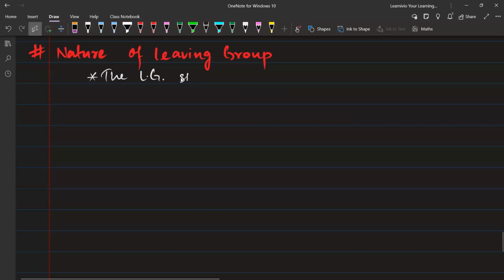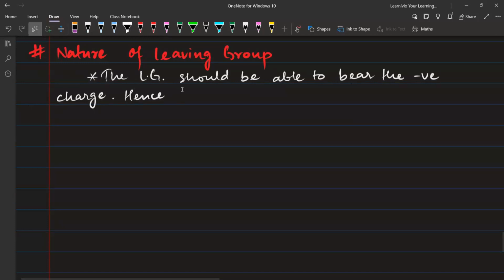The leaving group should be able to bear the negative charge. Hence, larger the size of leaving group, faster is the reaction.